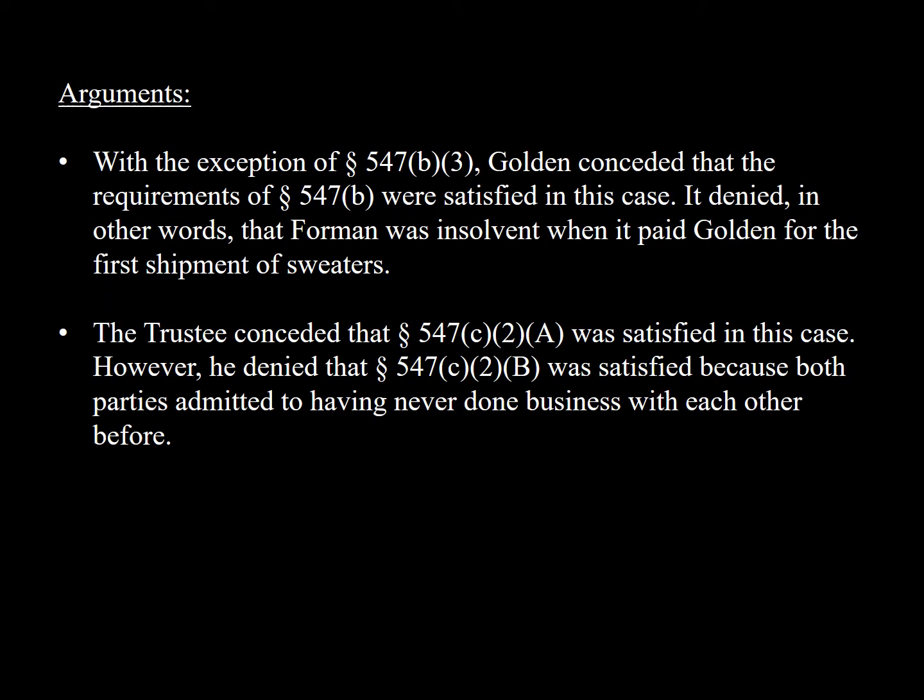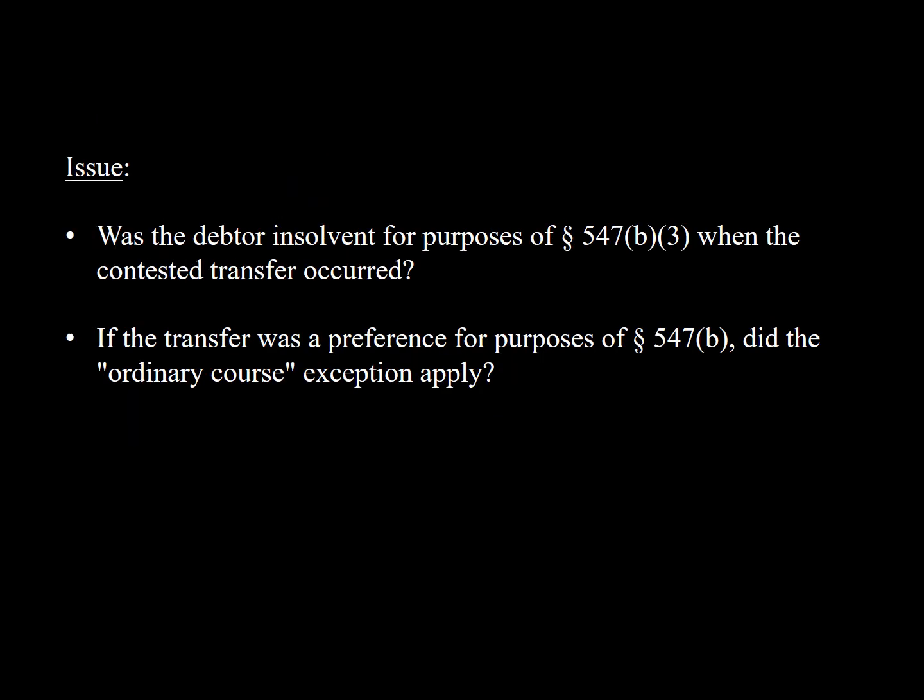The defendant also looked at the schedules, and did a good job. Their lawyer looked at the schedules that were filed by the debtor, and the schedules showed that this debtor was solvent. So another argument was that this company was solvent, so it can't be a preference. So was the debtor insolvent or solvent?